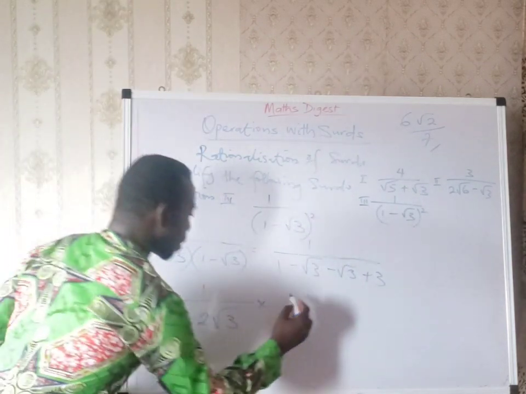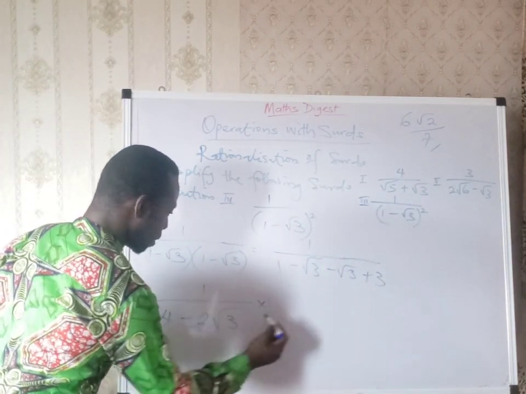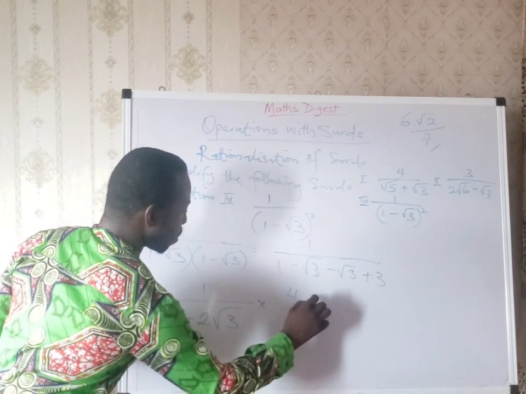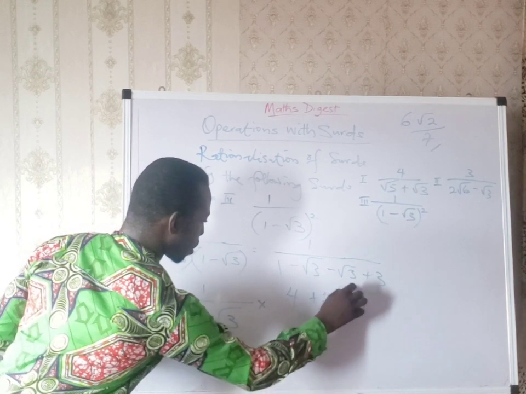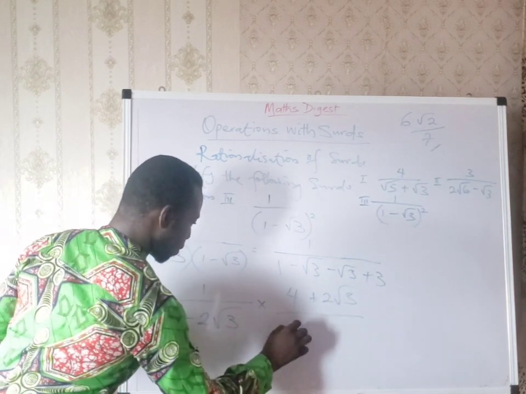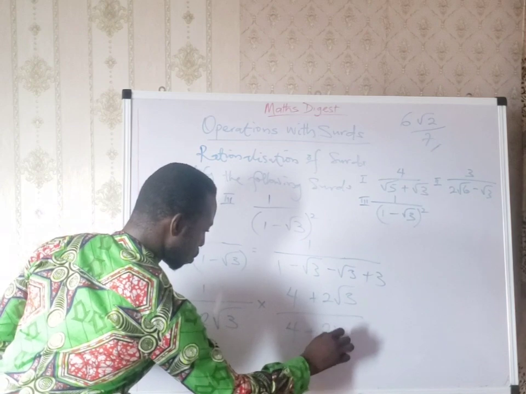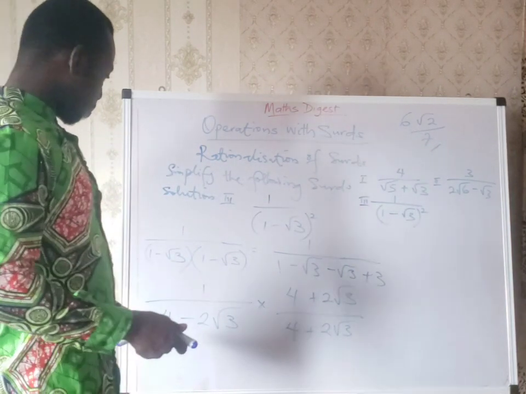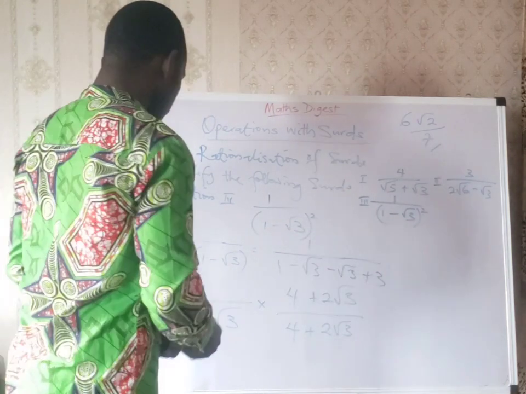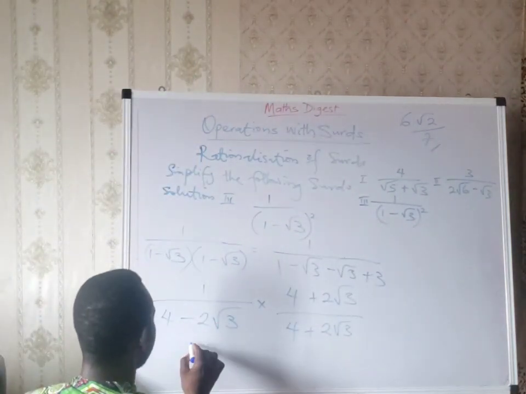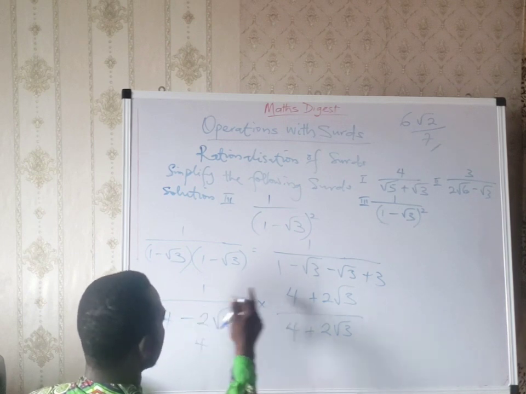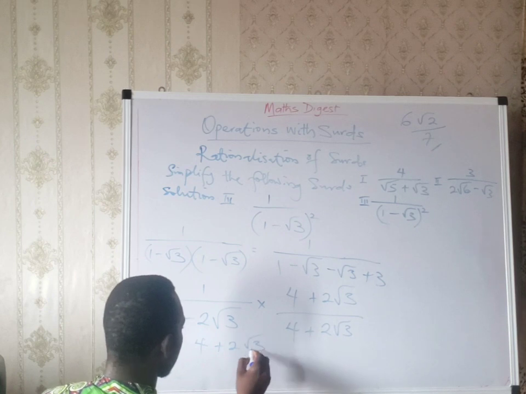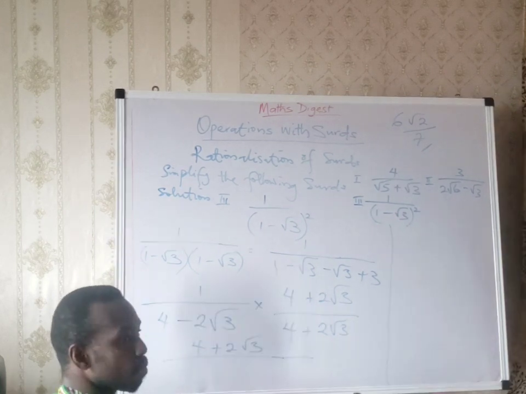Now from here we can say 1 over this, then the conjugate of this is 4 plus 2 root 3 over 4 plus 2 root 3. Now we say 1 times 4 is what? 4. So we have 4 here, and 1 times this is still itself, 2 root 3, all over, right?